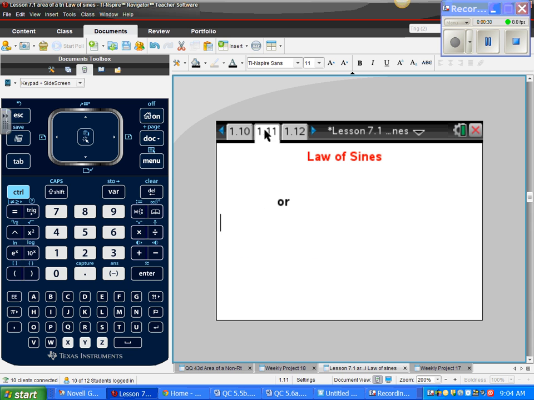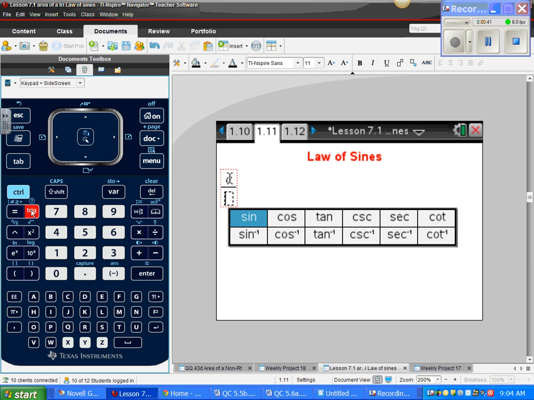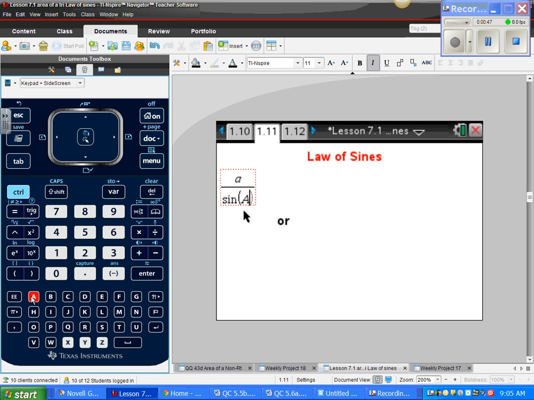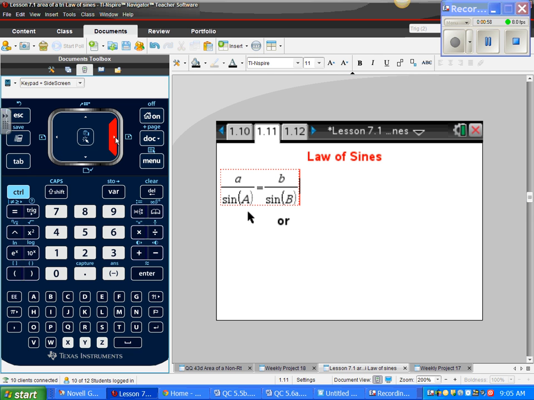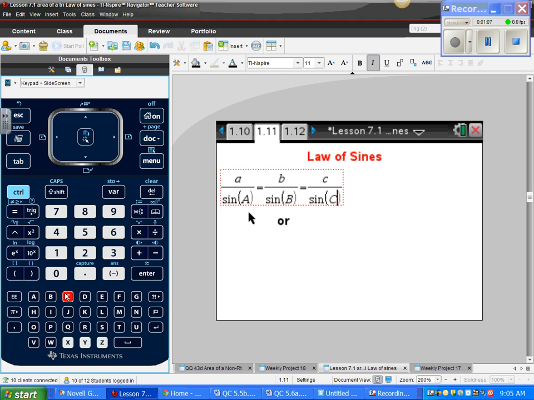All right, so law of sines can be written two different ways. It is on your reference sheet. It can be a over sine of A, equals b over sine of B, and it equals c over sine of C. Now, who can tell me the difference between uppercase and lowercase?